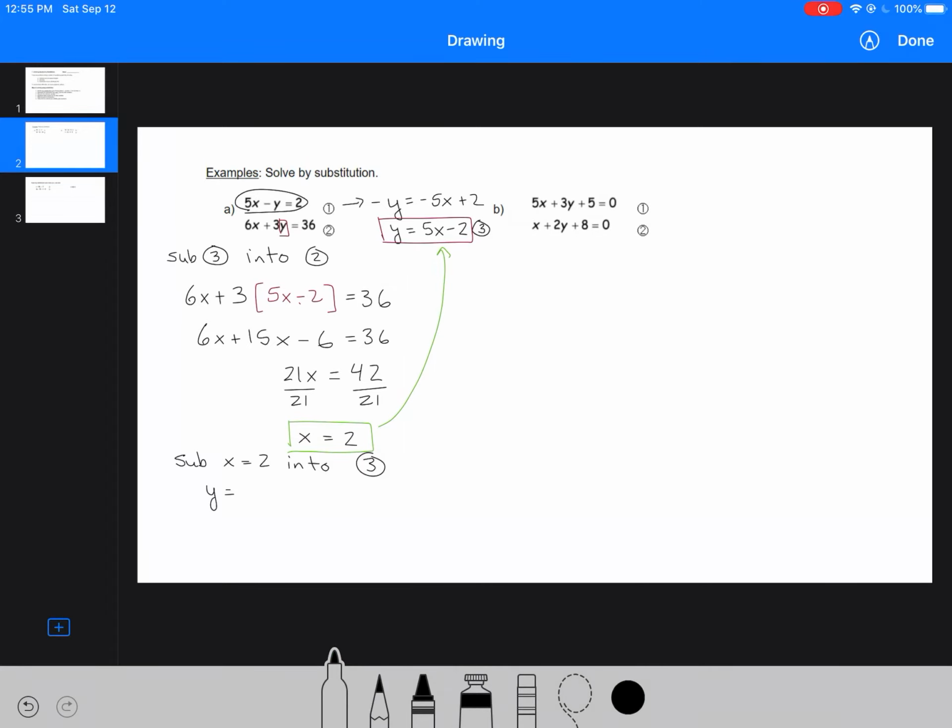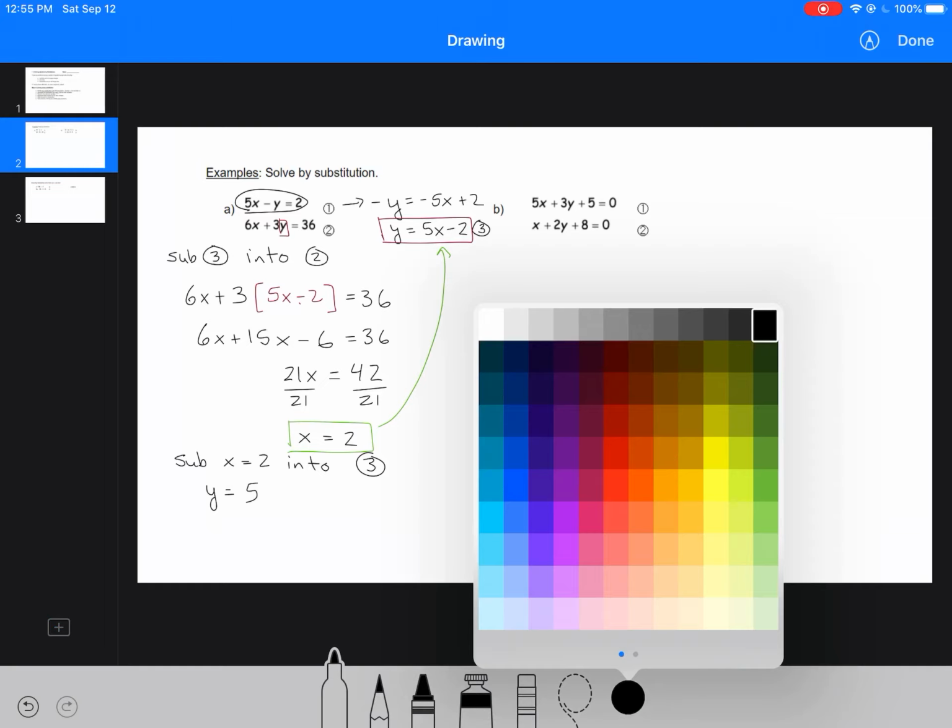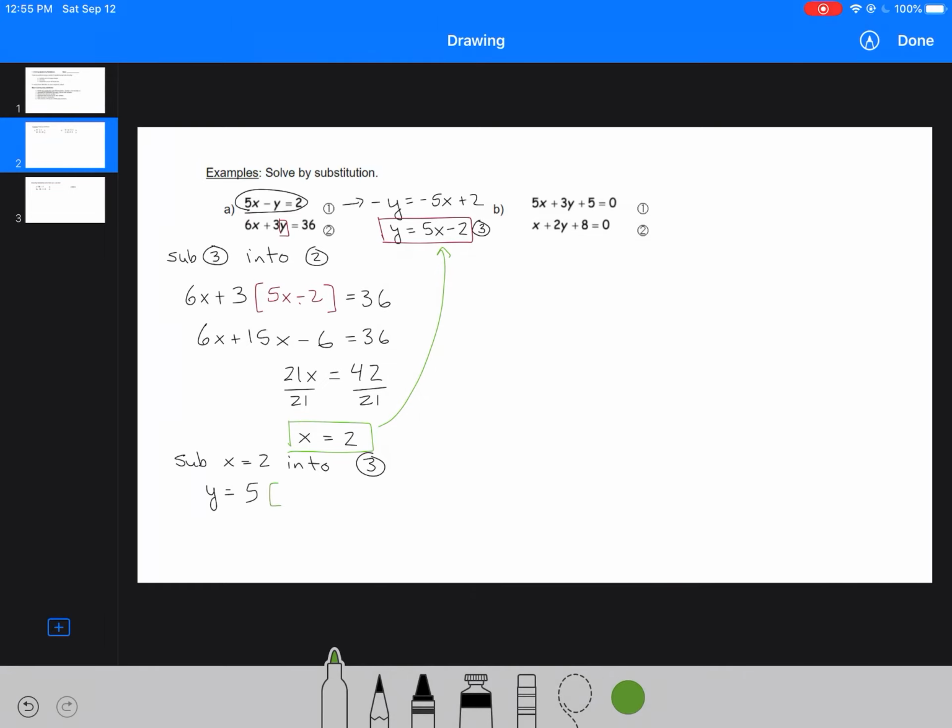So y equals 5 times 2 minus 2. And now I can evaluate that for y. 10 minus 2 is 8. So that means that my point of intersection is 2, 8.